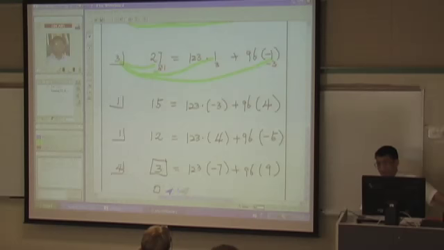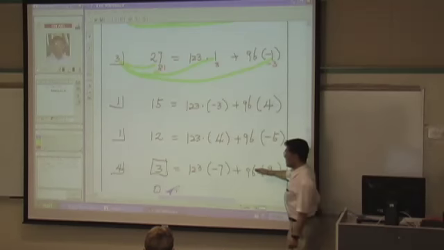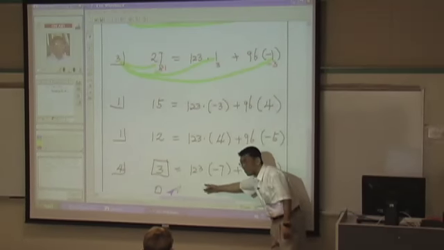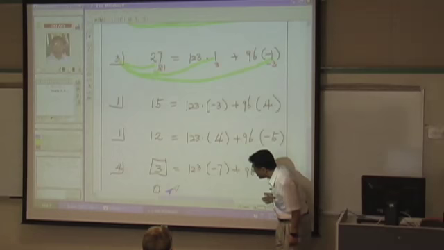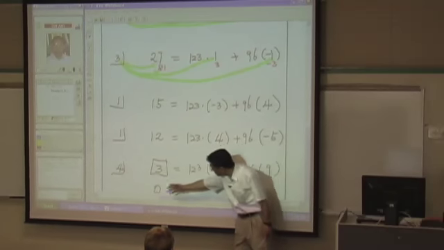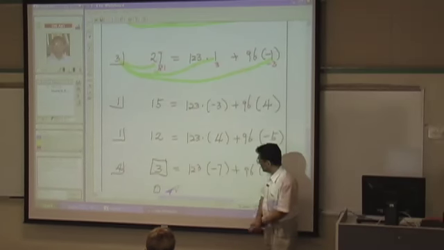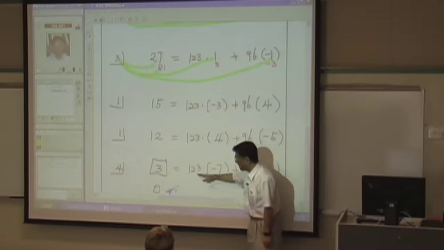But 0 equals something minus 0 is not very useful, so we don't go there, even if it's possible. So it's not a matter of possibility, but of efficiency, right? So we stop here. We don't go down, because we get a meaningful result. But if we are just at 0, then it is not very meaningful in the end, right? So we stop here.